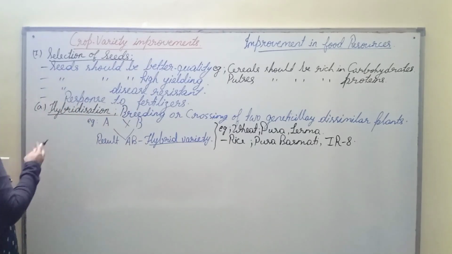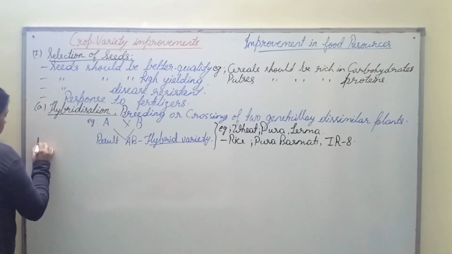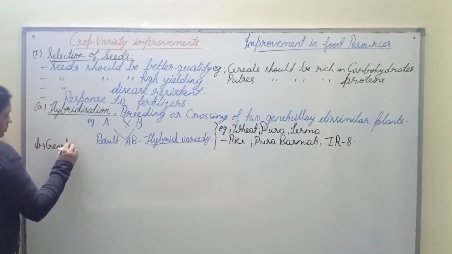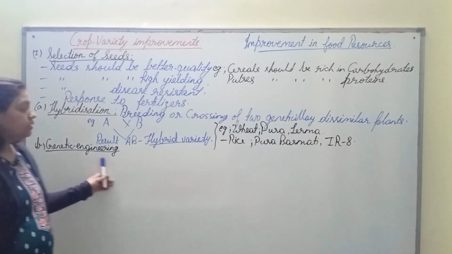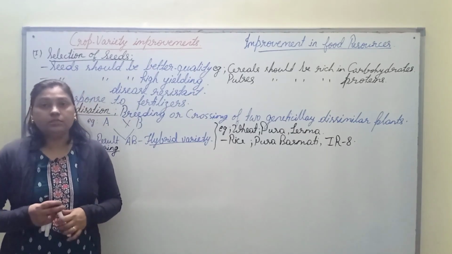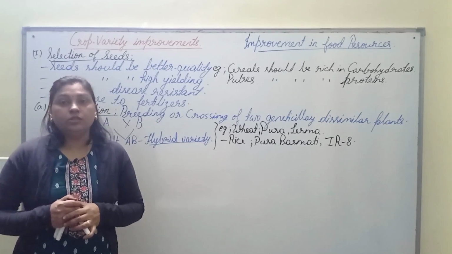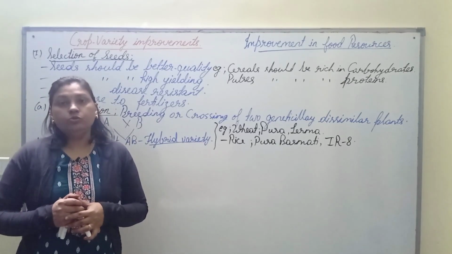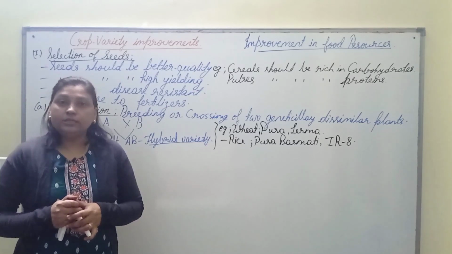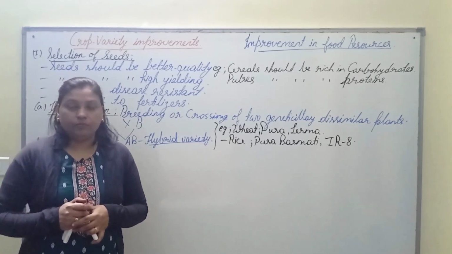The another process is called genetic engineering. Genetic engineering is another process of the improvement of crop variety in which genes can be introduced to get the desirable characteristics.